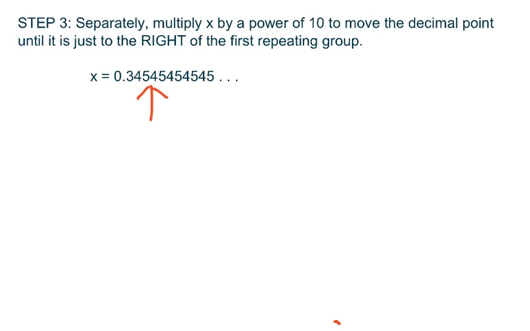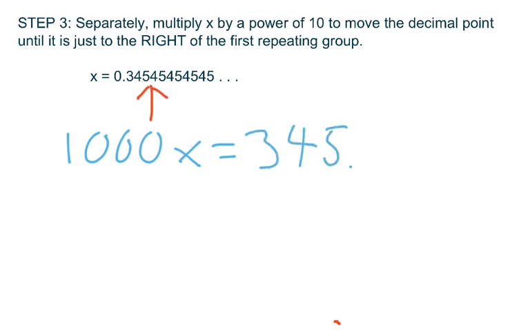To get that to happen, I'll have to multiply by 1,000. So 1000x would move the decimal point 3 places to the right until it's just to the right of the first repeating group. And I would have 345 point. And remember that although I've moved this over, there are still infinitely many 4-5, 4-5, 4-5 patterns off to the right.